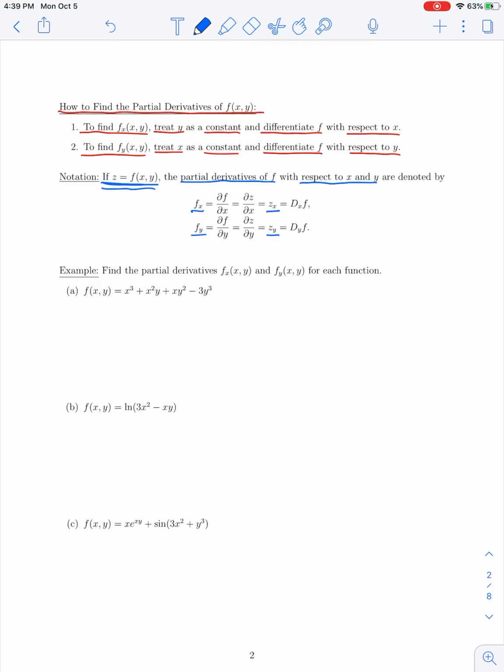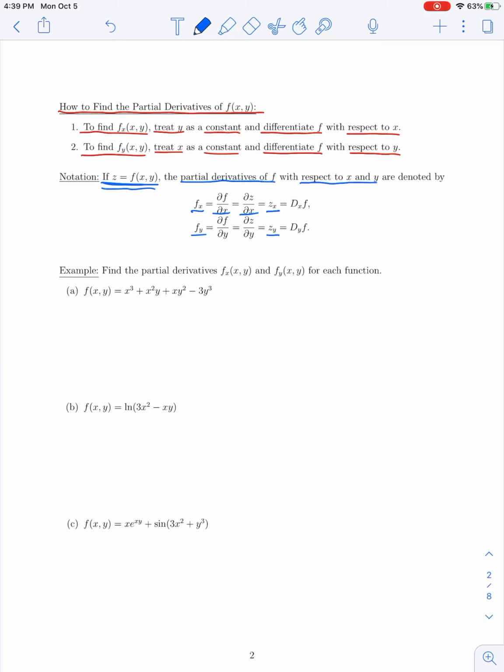Now, another notation that we could use would be similar to the Leibniz notation for the derivative of a single variable function. So let's say that we wanted the partial derivative of f with respect to x. We could write it as del f over del x or del z over del x.